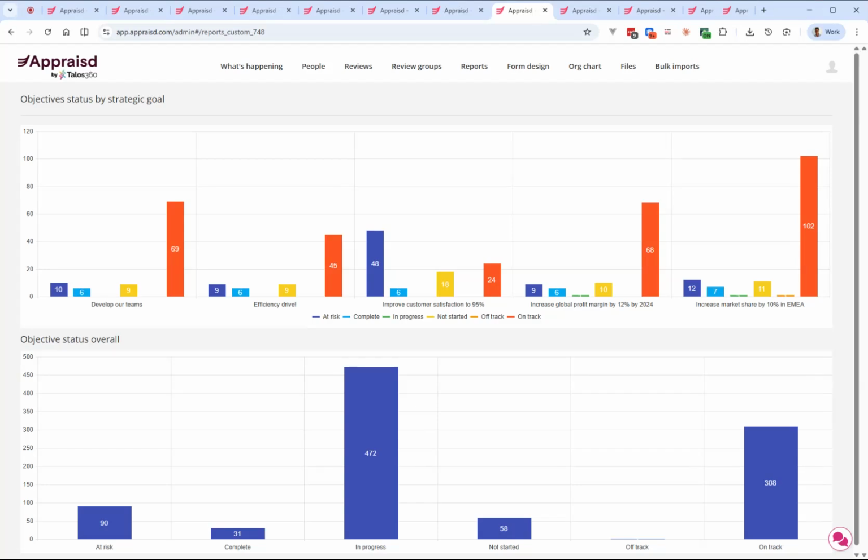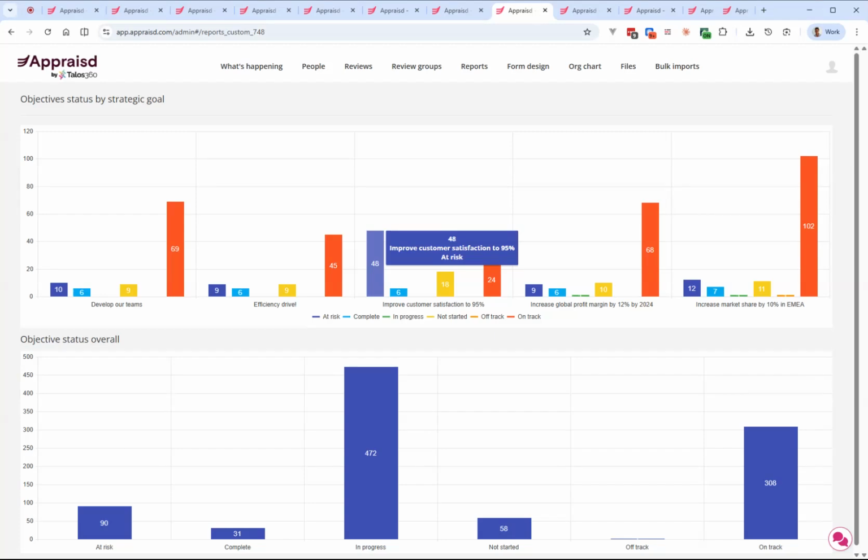And this gives us an overall idea of the status of those different individual goals. If we look at this one, for example, the strategic goal is improve customer satisfaction to 95%. And this chart is telling us that there are 48 individual objectives that contribute to improving customer satisfaction that are at risk.